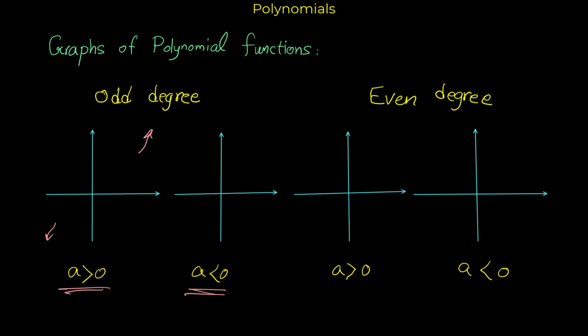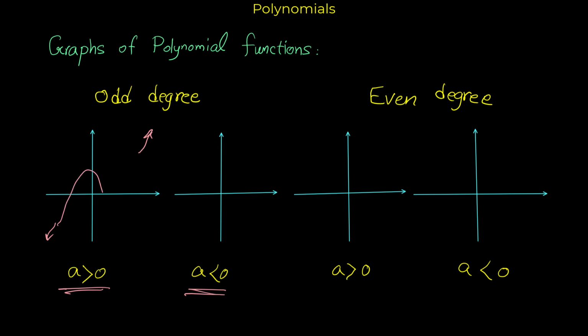So for any polynomial of odd degree, degree 3, 5, and so on, if the leading coefficient is positive, the end behavior is like this. The left end down, the right end up.